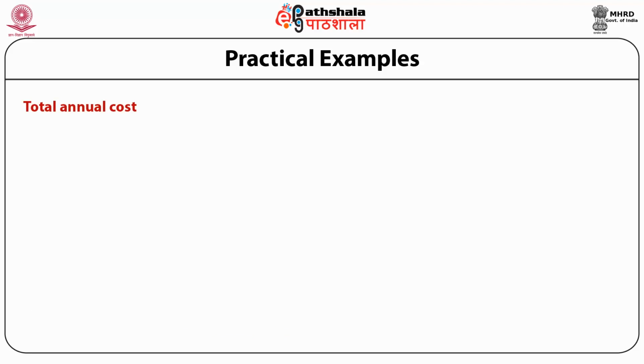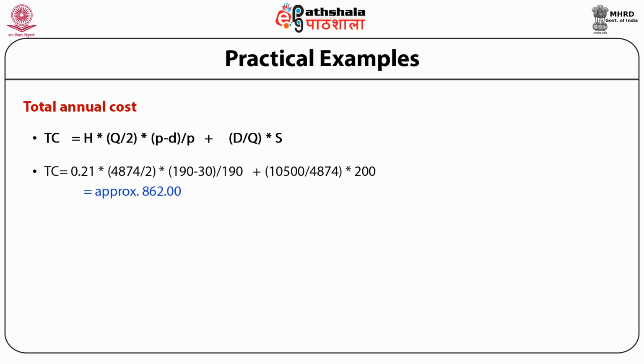Total annual cost TC equal to H into Q upon 2 into (P minus D) upon P plus D upon Q into S. Total cost equal to 0.21 into 4874 upon 2 into (190 minus 30) upon 190 plus 10,500 upon 4874 into 200, equal to approximately 862.